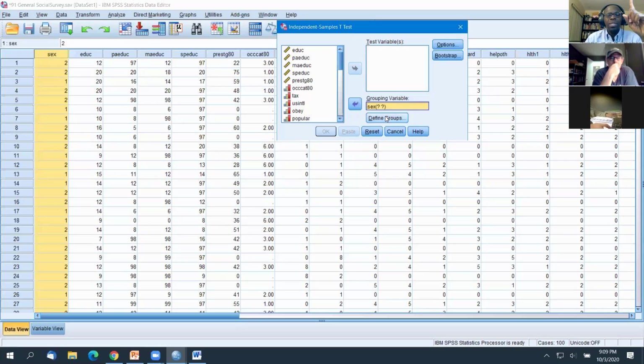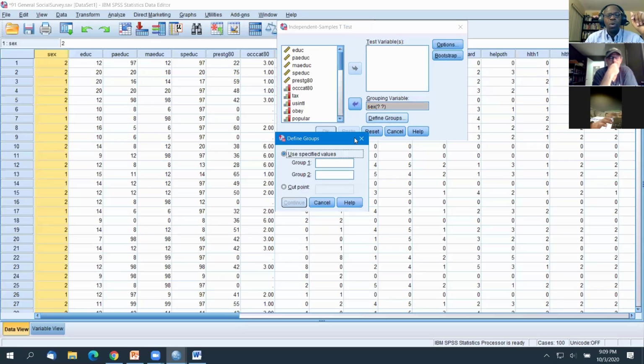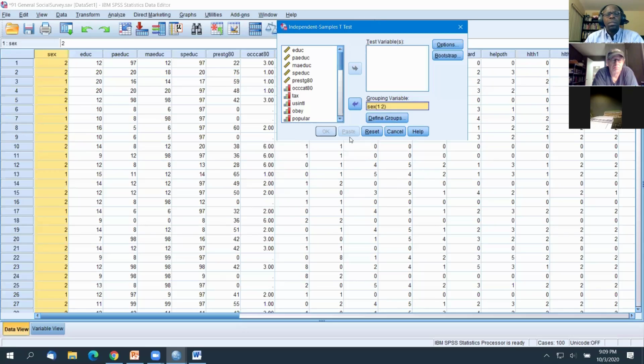So we know that 1 is male, 2 is female. So we click on Define Groups, and we type in group 1 is 1 and group 2 is 2. Whatever numbers you use to identify your groups, those are the 2 numbers you need to put in here. Does that make sense? Okay, great.